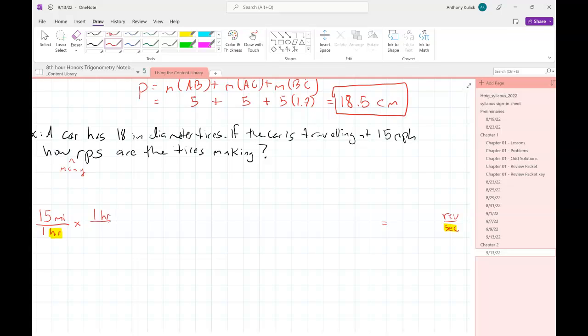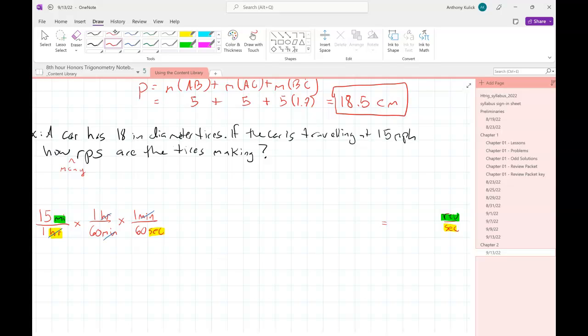I know 1 hour is 60 minutes. And then I know 1 minute is 60 seconds. So hours would cancel with hours, minutes would cancel with minutes. And now I'm in seconds, as I should be. That part was easy. But if I look now, I'm in minutes and I want to end up in revolutions.